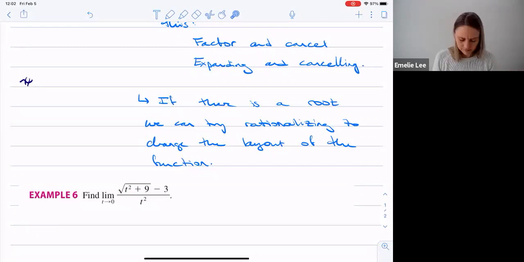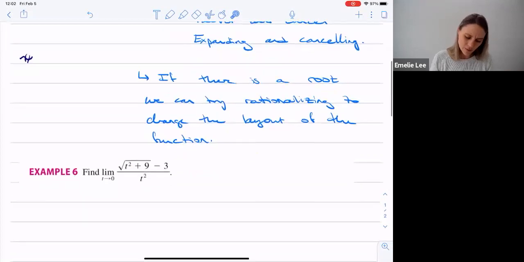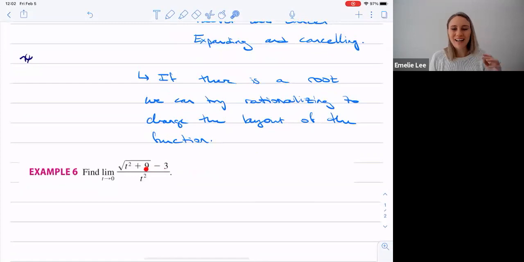So that doesn't leave us that many options, but then we remember, okay, if I want to move around a square root, here I've got the root in the numerator, so I can rationalize the numerator.